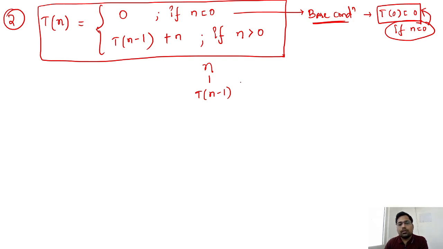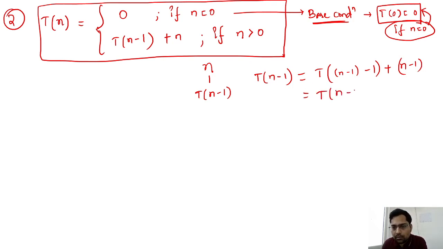If you want to find the cost, simply use the iteration on the rough side. As per the iteration method, in place of n you put n minus 1 to get T of n minus 1. Next, as per n we are replacing with n minus 1, that's why we are writing it.